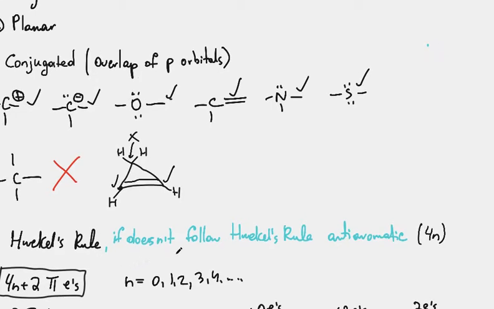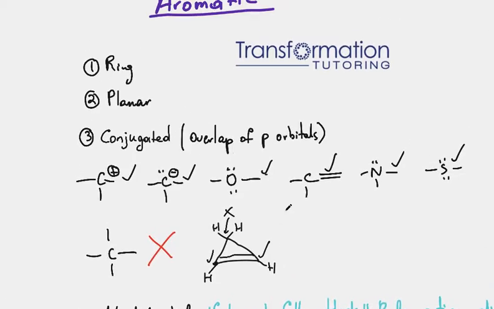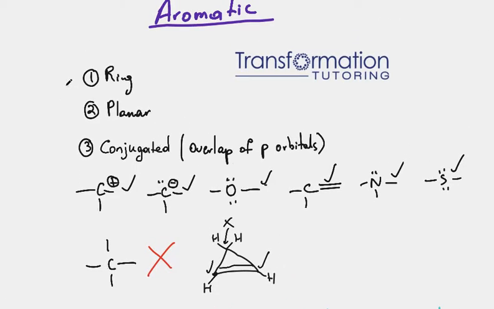If the molecule does not follow Hückel's rule, if it has 4n electrons, it's going to be anti-aromatic.